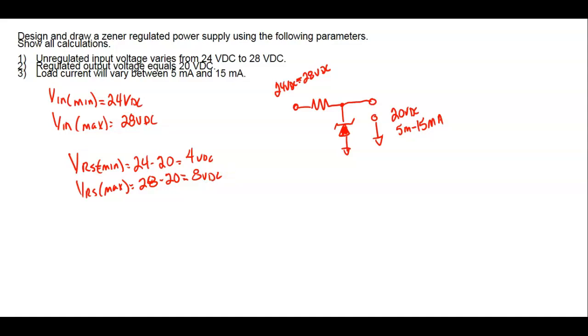Okay, so now we can do the math. And like we said, what we're shooting for is we're always wanting current flow through the Zener, right? So what we're looking for is what causes the current flow to go down.